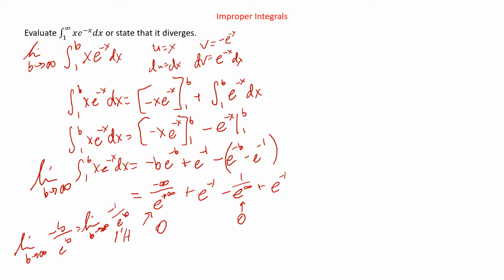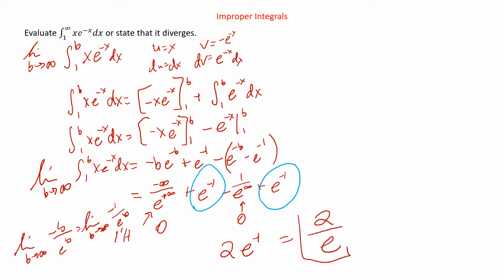So all we have left are these guys. We have 2 e to the negative 1s, or 2 over e. So the area under the curve from 1 to infinity of x e to the negative x dx is 2 divided by e. So it's a little bit less than 1.